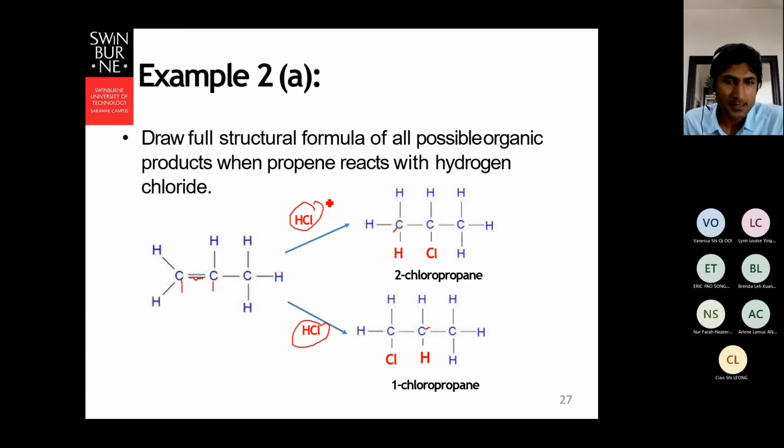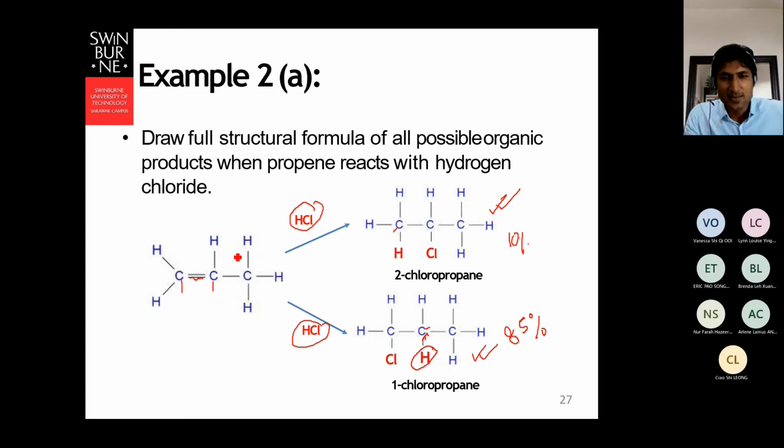There is a rule in organic chemistry, the Markovnikov rule, which says that the hydrogen will bind to the carbon that has the lesser number of hydrogens. So this carbon has only one hydrogen, so this hydrogen will usually bind to this. But this will be like 85% or 95%, and the other will be 10% or less. Still, both products will be formed, but one will be the 85% product.